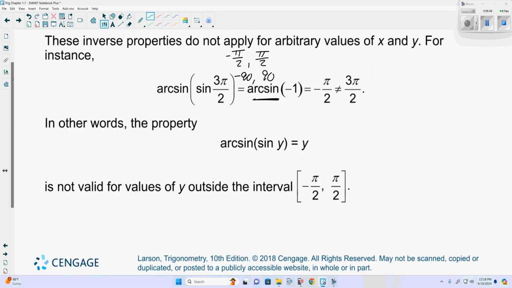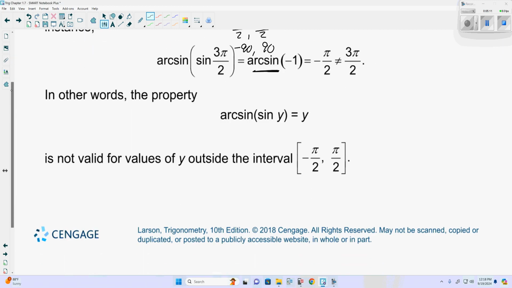Now, if the angle is between negative pi over 2 and pi over 2, it'll come right back out. 45 degrees, pi over 4, is between those two, so it just comes back to be the same thing. But if we get angles outside of it, that property doesn't work as nicely. It's just not going to be the angle back out.